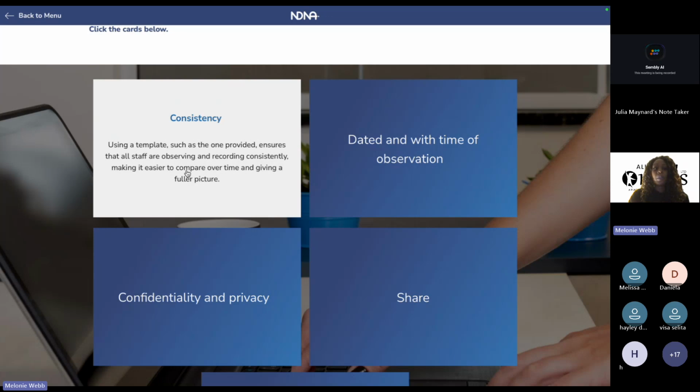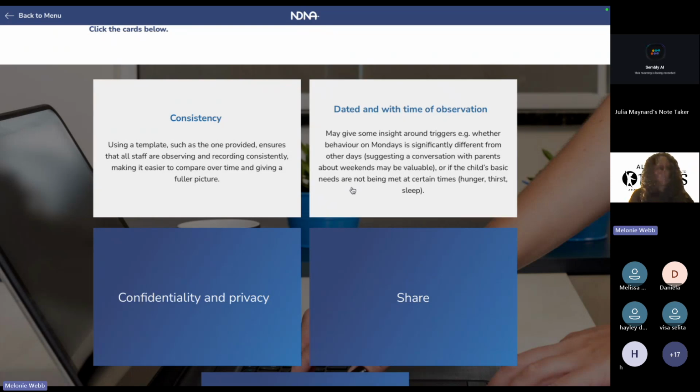So use a template, ensure all staff are observing and recording consistently, making it easier to compare over time and giving a fuller picture, because my perspective on how an incident played out could differ slightly from your perspective, or you may have seen something different that I haven't. So make sure that everybody takes control over completing the ABC charts, not just the person who is, for example, their key worker.